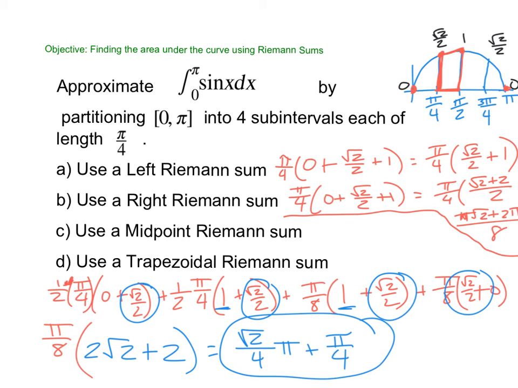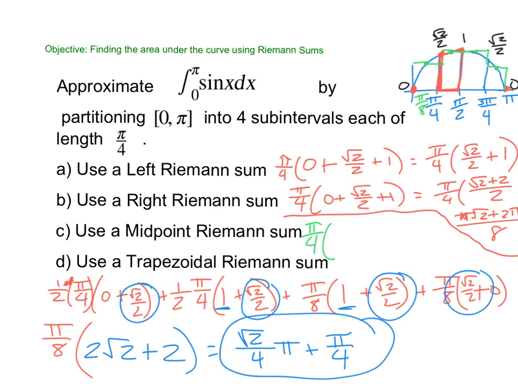All right, midpoint. It's still pi over 4, but we have to figure out the midpoint. Ooh, I don't know pi over 8. So what's halfway between 0 and pi over 4? Well, that's half of pi over 4, so that's pi over 8.